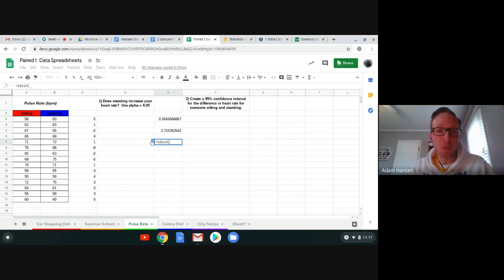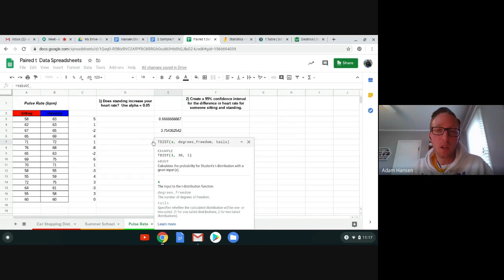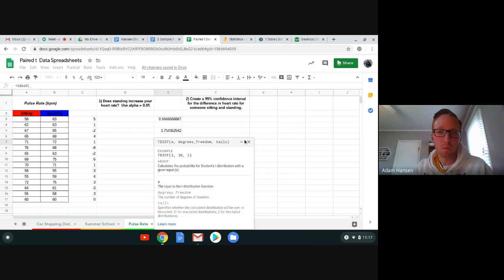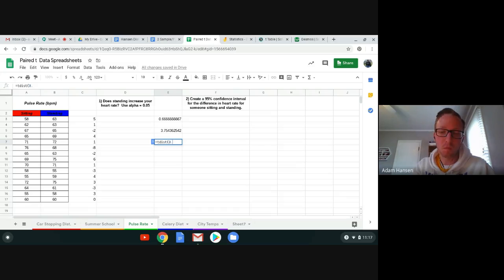To type into Google Sheets, we need the t-score from our sample, the degrees of freedom, and the number of tails in our hypothesis test. So our test statistic was 0.6881. We had 14 degrees of freedom and a one-tailed hypothesis test. So our p-value is 0.2513.